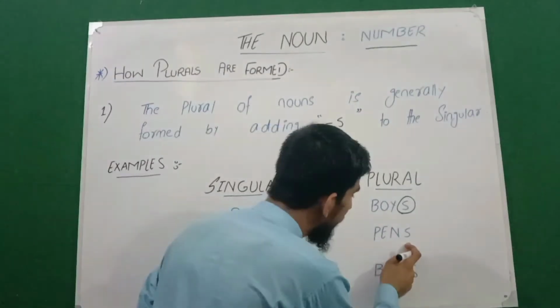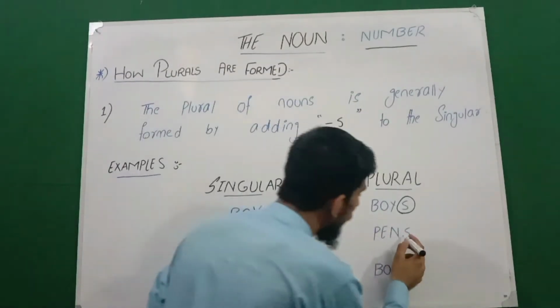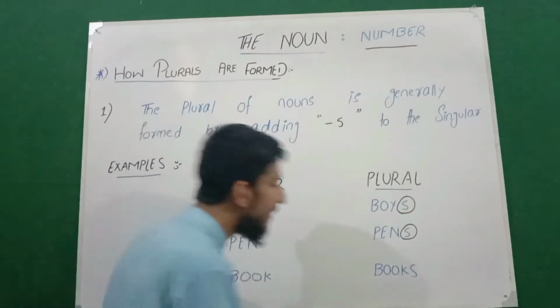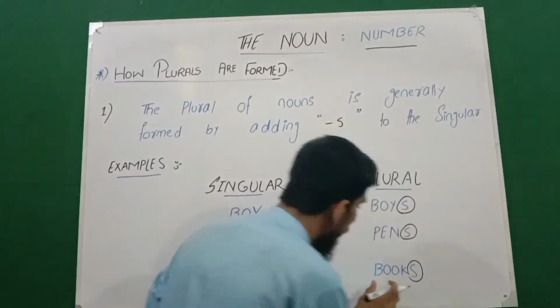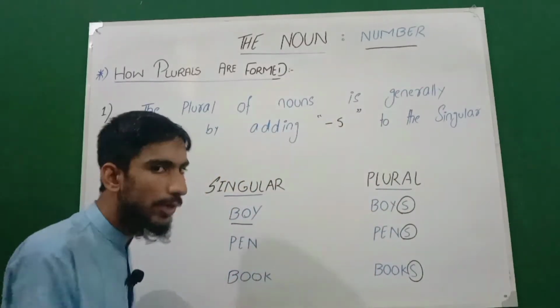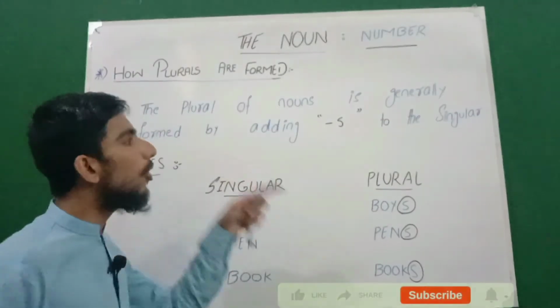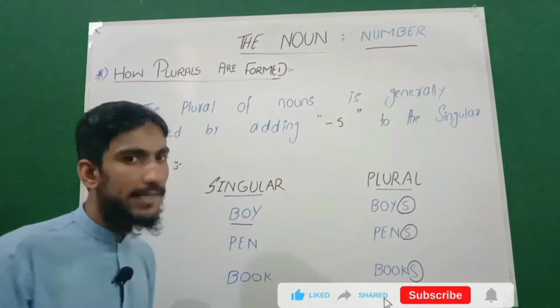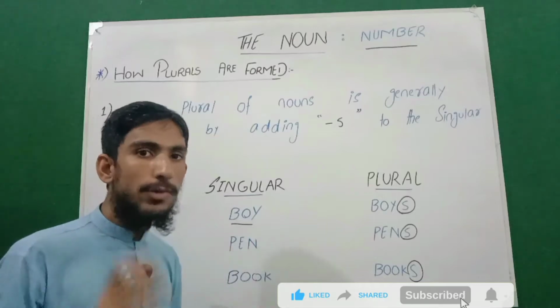Similarly, pins is the plural of pin by adding only s to the singular pin. In the same way, we add s to book. As a result, books is the plural of book. So the first method is that the plural of a noun is generally formed by adding s to its singular.